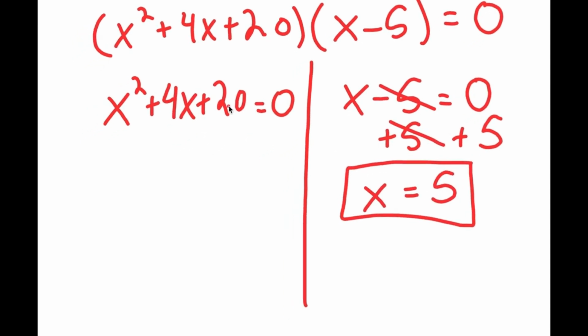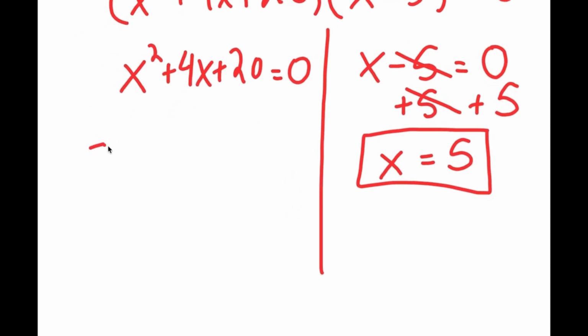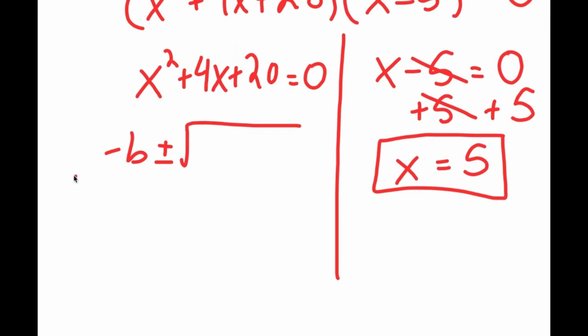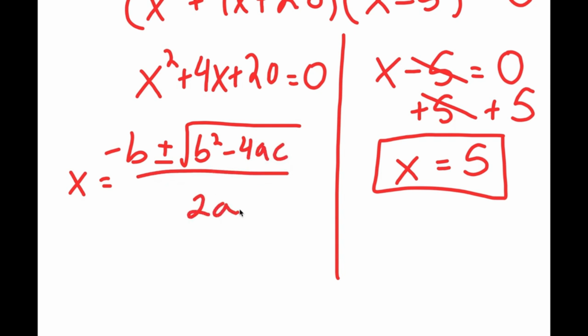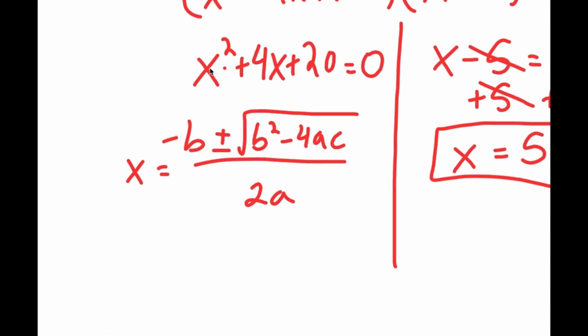Now for x squared plus 4x plus 20 equals 0, I can use the quadratic formula. So the quadratic formula is negative b plus or minus the square root of b squared minus 4ac all over 2a. Now, in this case, a is 1, b is 4, and c is 20.